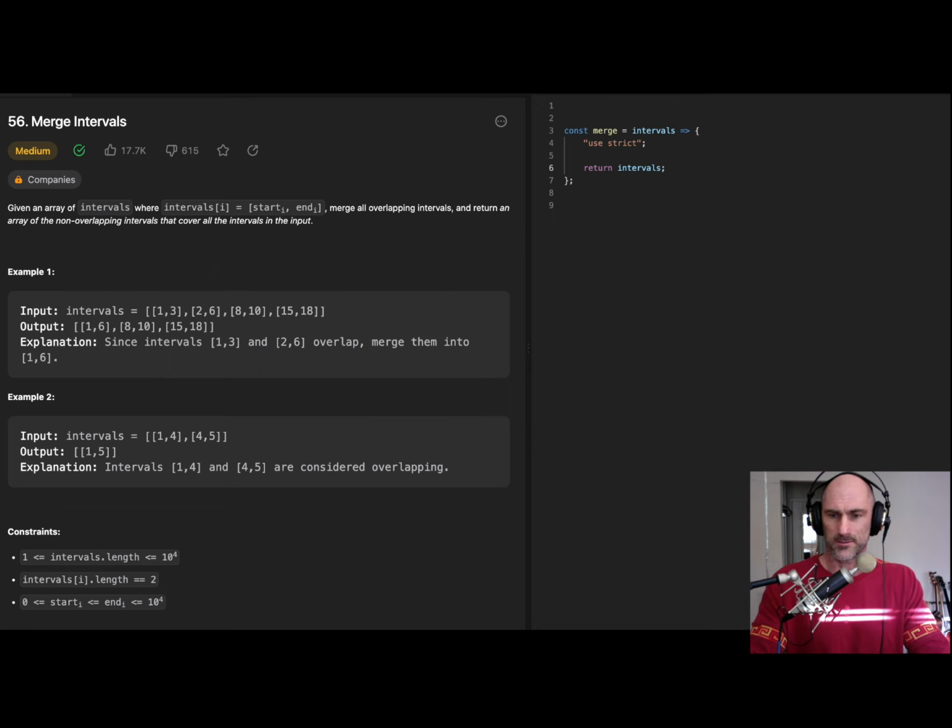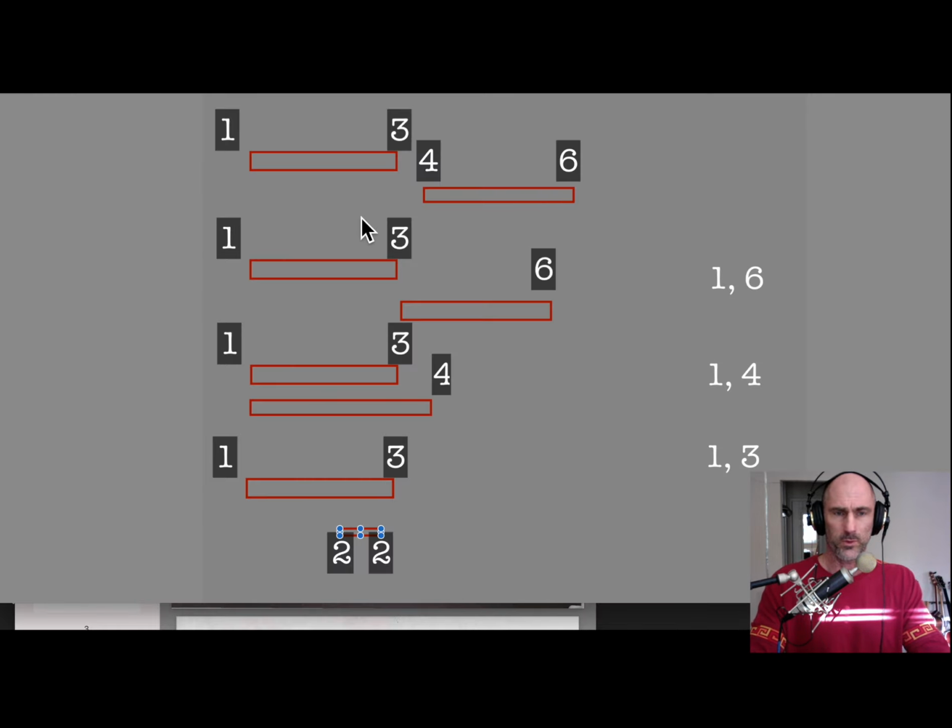So looking at this, we can clearly see a strategy going on. The first thing we need to do is sort by the start. So if we're going to loop through these and find out if one interval in the loop has an end that's later than the other interval in the loop, the subsequent interval in our array, let's say the first one in the array is this one and the second is this one, then we're going to have to sort by the start.